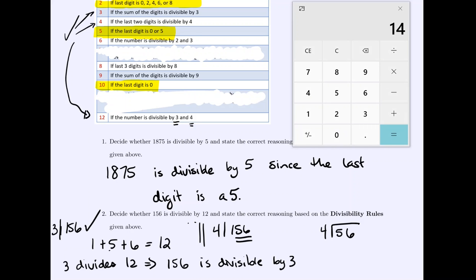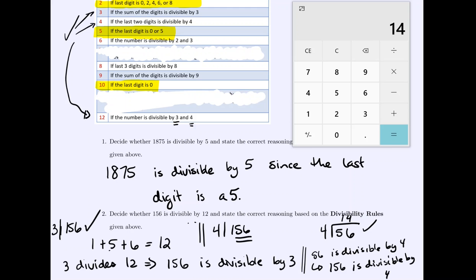And in this case, if you need to use your calculator to support your reasoning, feel free to do so. 56 divided by 4 is perfectly divisible, giving 14, so that checks out. So we could say 56 is divisible by 4. That statement tells us 156 is divisible by 4.